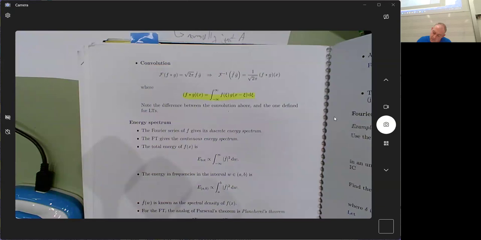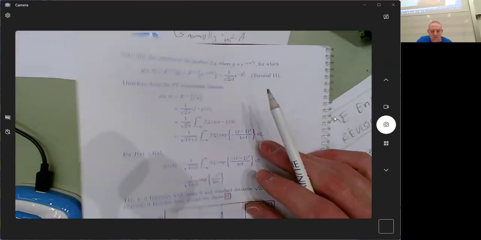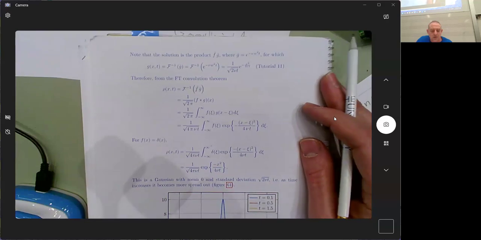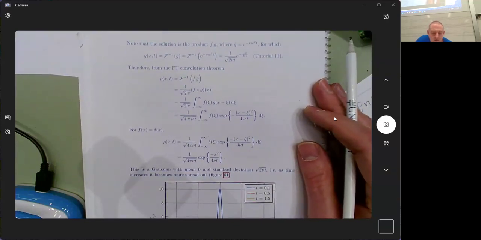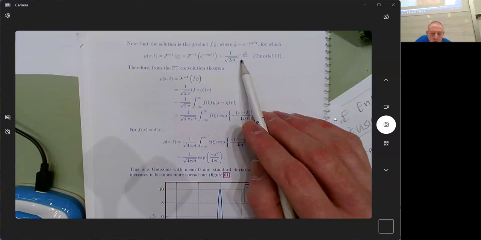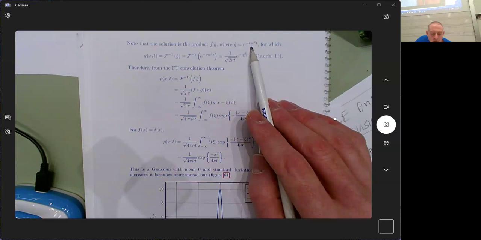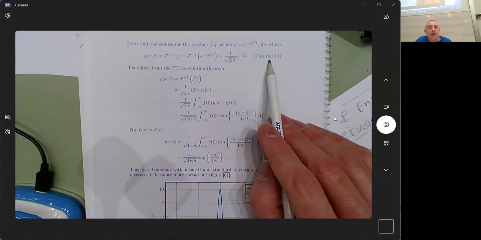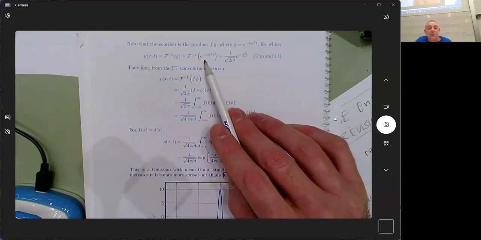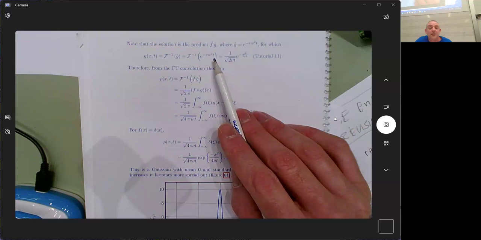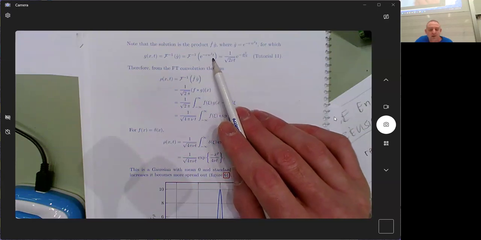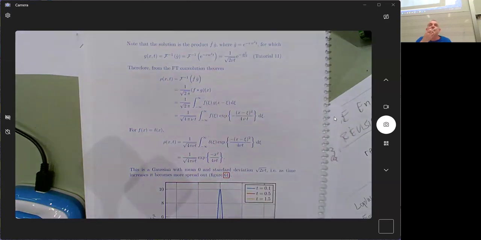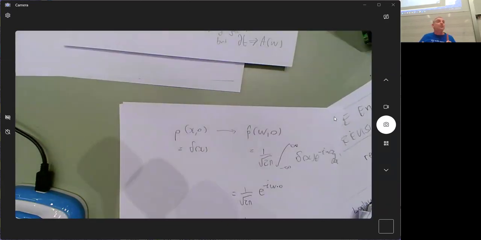Oh, I see. Oh, apparently in tutorial 11, we found the inverse Laplace transform of e to the minus something times w squared. So, okay. So we're just going to add this to our list of functions.